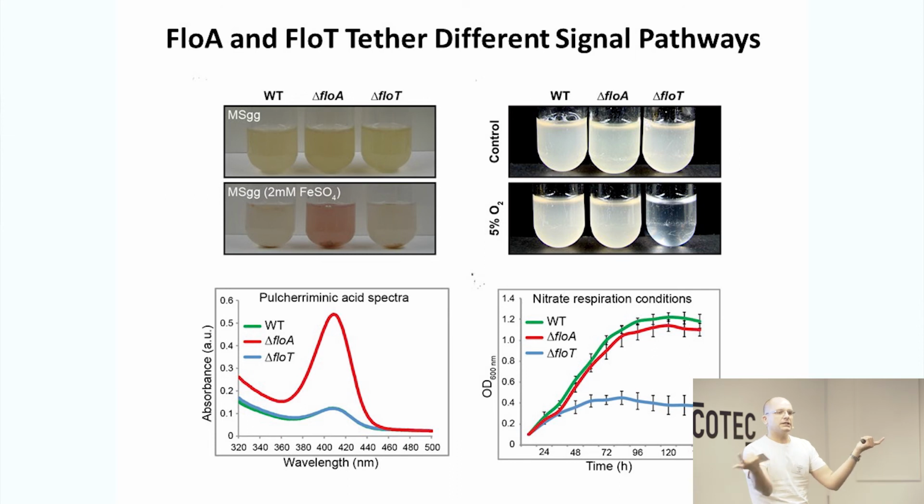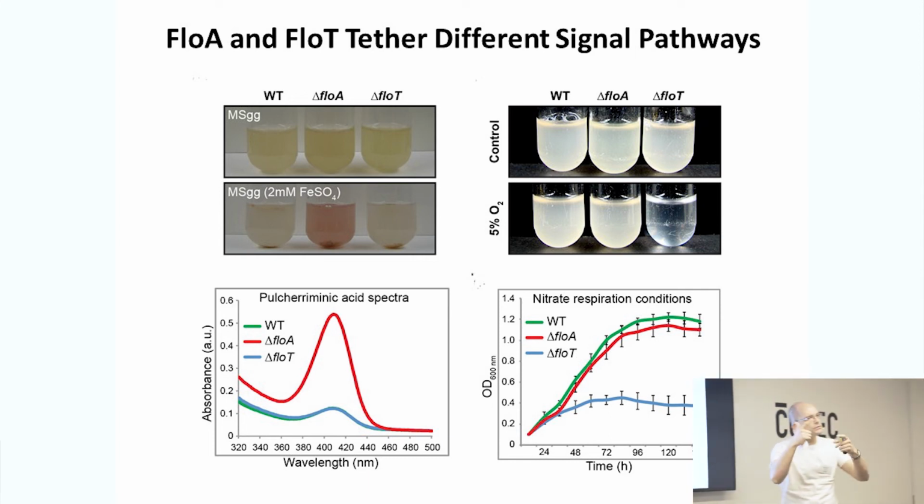It's just artifactually produced. We think this is a consequence of releasing amino acids to the medium because they cannot use them for cell wall synthesis, because we know that Flo-A is associated with cell wall, and they need these amino acids for the cell wall. But that's what we think. We don't have any more proof than that.